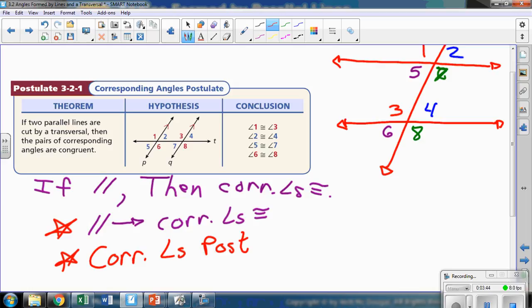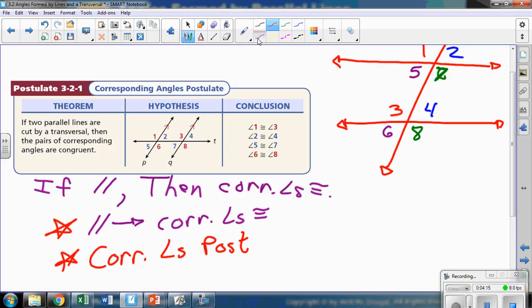You can use the postulate to explain why other facts are true. When I'm doing it, I'm generally going to use the symbolic logic in the purple. You're free to do the same. If you prefer to remember the name of the postulate, you can simply say the corresponding angles postulate. That is also an acceptable way to reference this. You can do it either way.